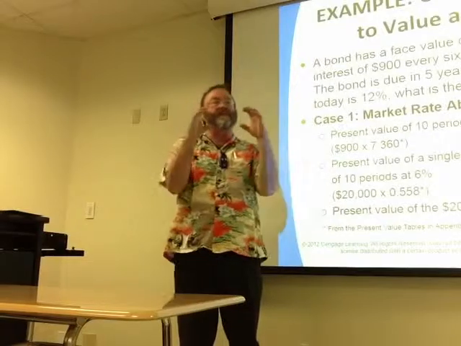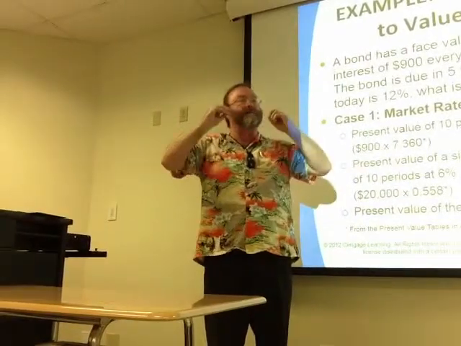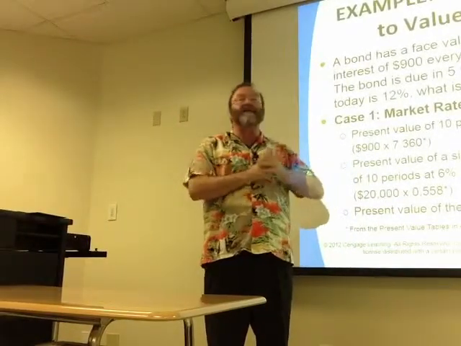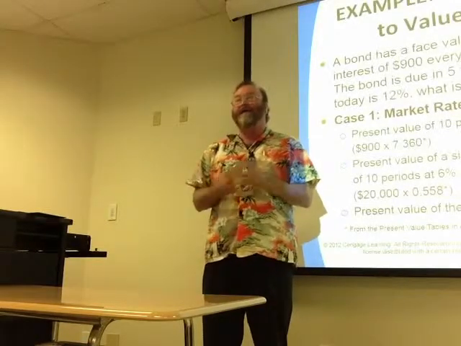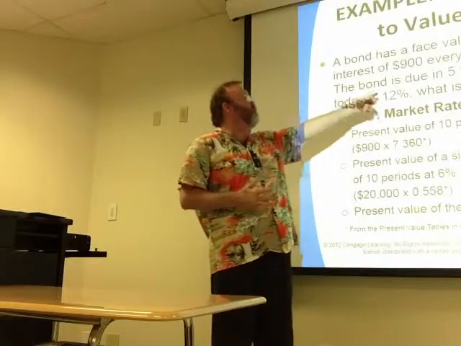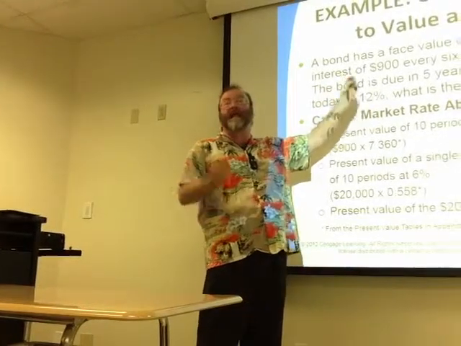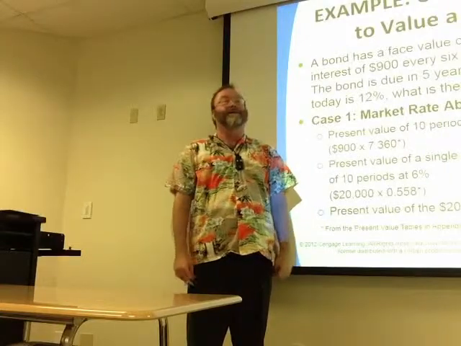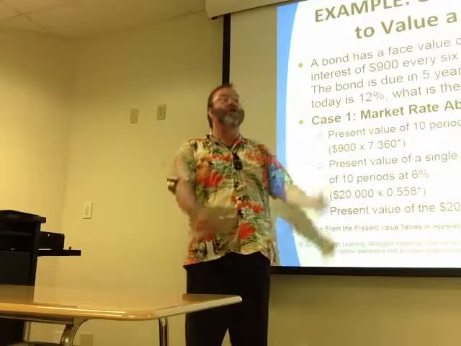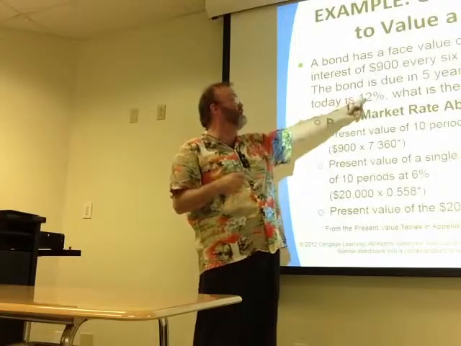It's a $20,000 bond that you can buy for $17,784. Why? Because you needed 12% and they only gave you 9. No, you needed 12%.